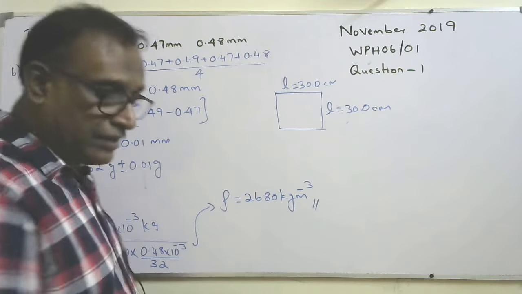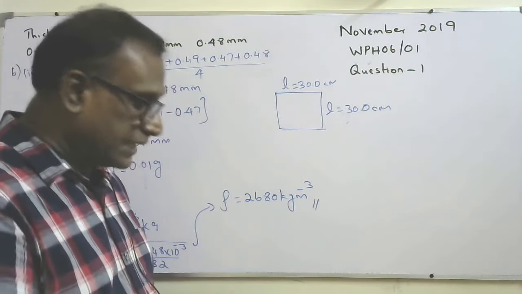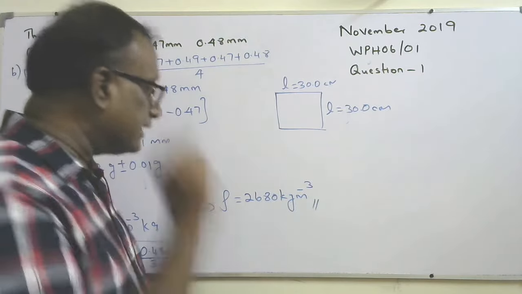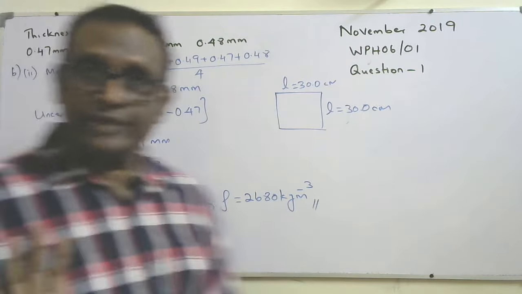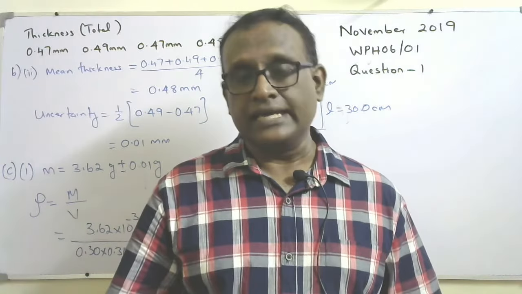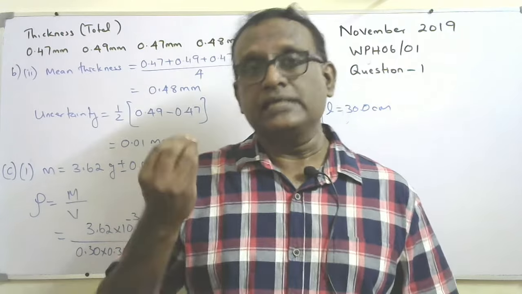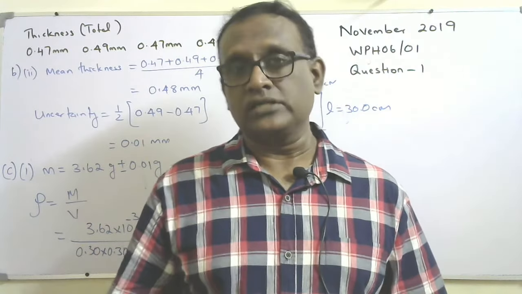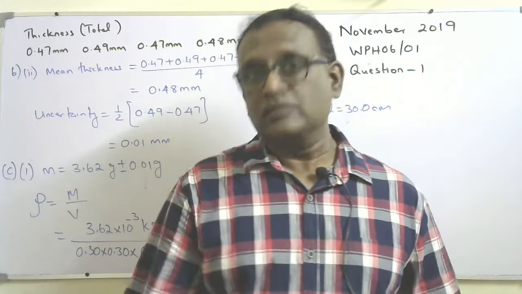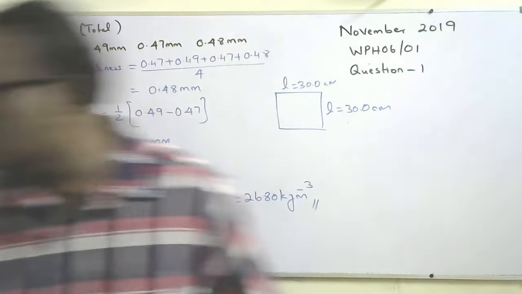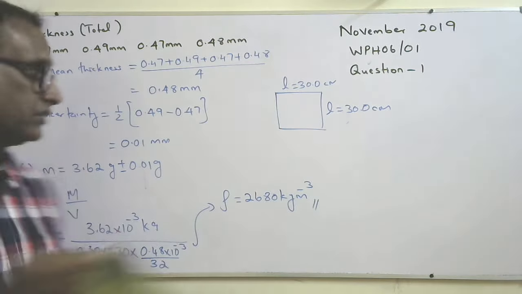So you can't say the aluminium density is given on the exam paper 2710. This is 2680. They are not the same. So how can we decide whether my sheet is aluminium or not? For that, I need to do some method. So what's the method? There are different methods we can use for that.